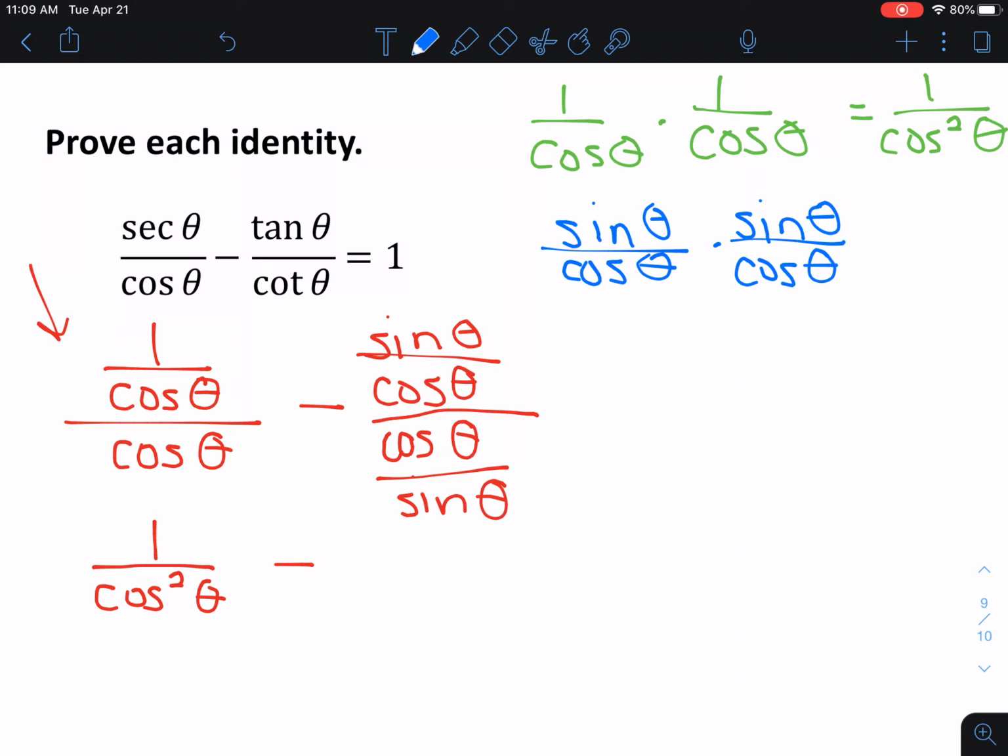Now you'll notice on the top, I'm going to get sine squared theta, and on the bottom, I'm going to get cosine squared theta. Okay, so let's write that. Now it looks like some things are opening up for me here. These are kind of proofs, or kind of like puzzles.